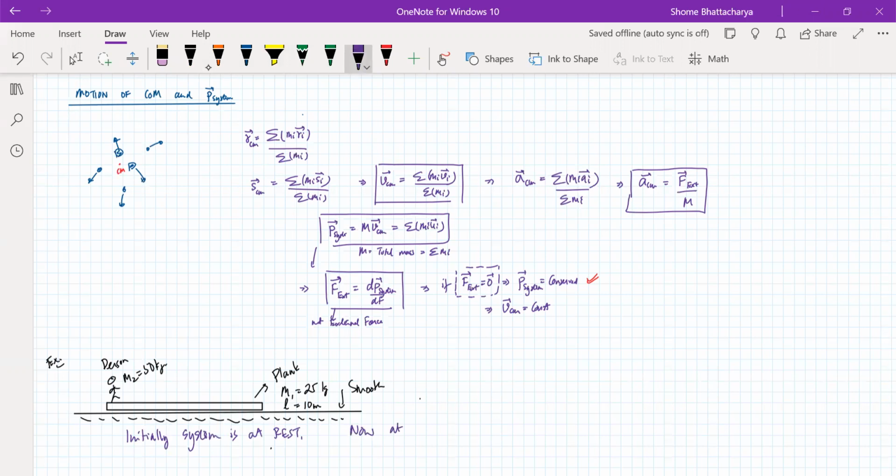Now, at t equal to 0, the person starts walking towards the other end at a uniform speed of, let us say, 20 centimeters per second relative to the plank.